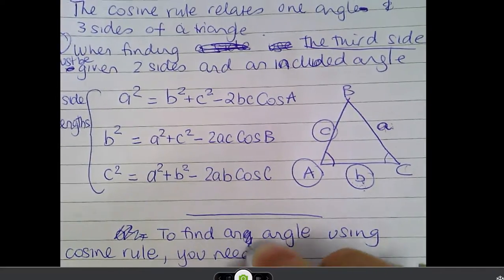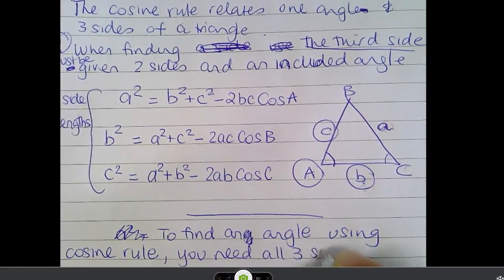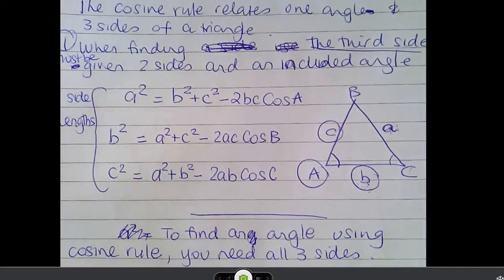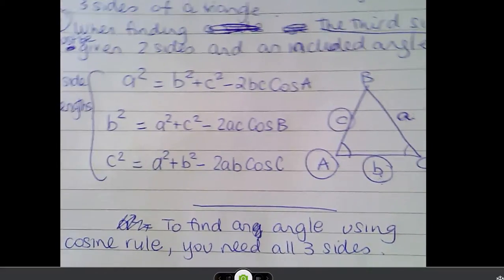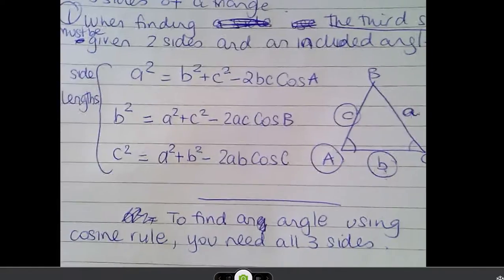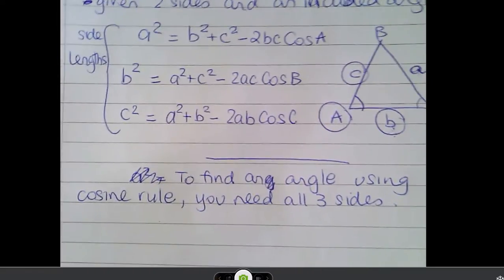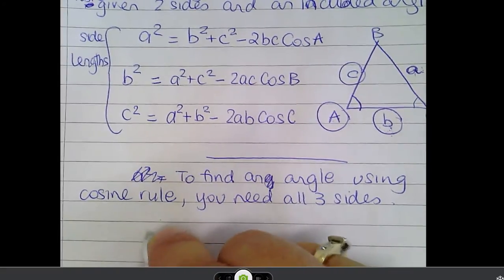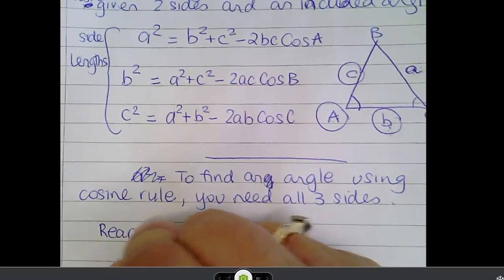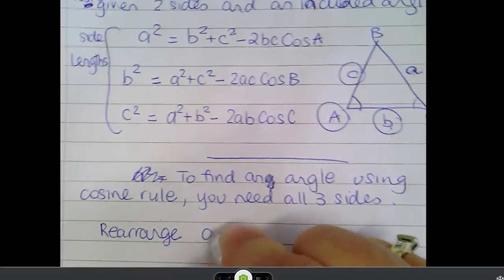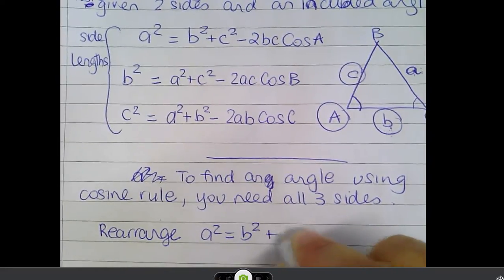You need all three sides of the triangle. Now, I'll show you why. What we're going to do, we're going to rearrange the side rule that we just looked at.